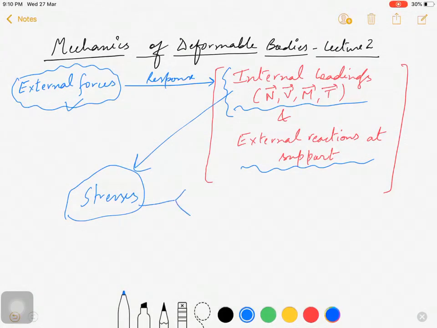These stresses are of two types. First is normal stress, sigma. The other is shear stress, tau. In this lecture we will see the generalized stresses that will be developed inside a body.